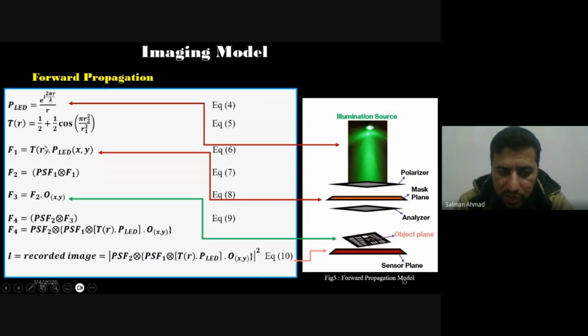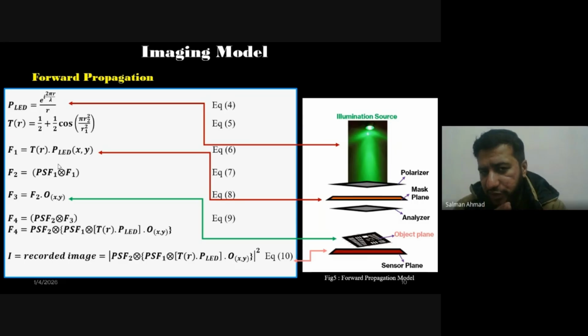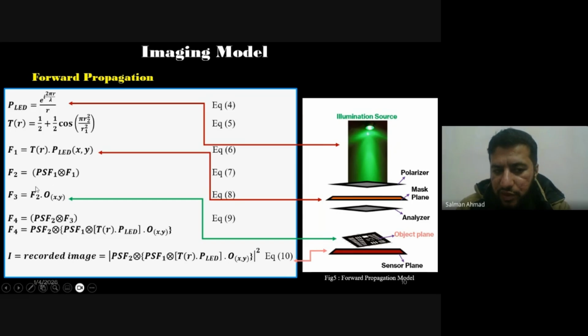We are multiplying both. Due to multiplication they simply multiply, but through convolution the whole information is multiplied there. This PSF1, the point spread function, holds the whole information of the light.